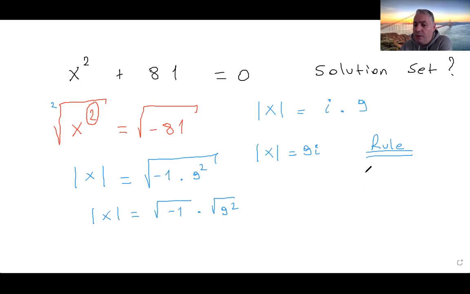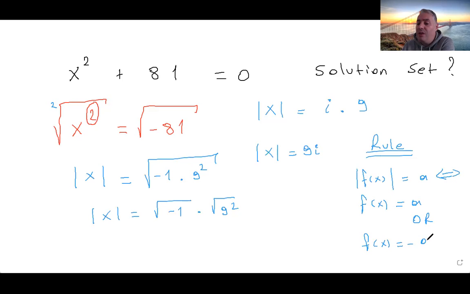It's a very important rule. The absolute value of f of x, or any other function, it's not important, is equal to a if and only if inside equals outside, or inside equals negative of outside. We write like this.